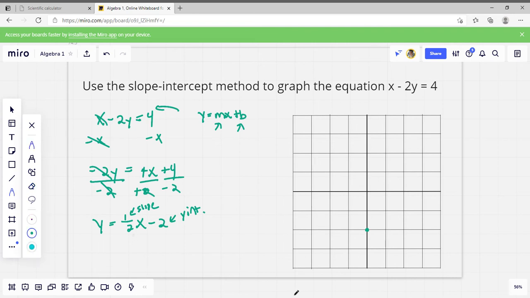Now I'm going to use my slope, which is 1/2. That's going to be rise over run. Means I go up 1 over 2. Up 1 over 2. And there's my line.